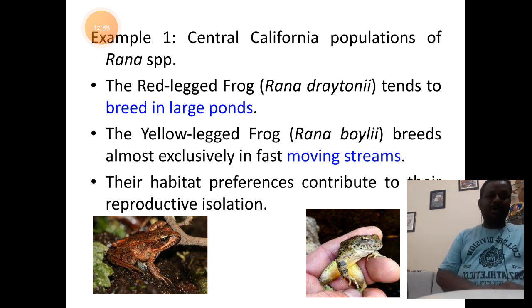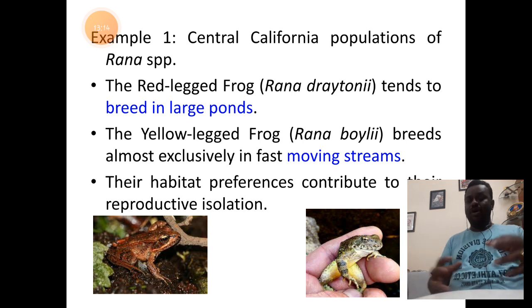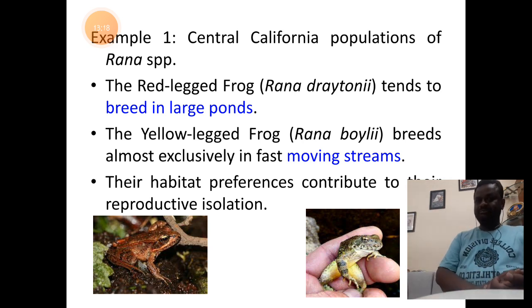Rana species of California. When we look at the slide here down, we have Rana draytoni, which is a red-legged frog. It breeds in larger ponds, so their dwelling place is pond.